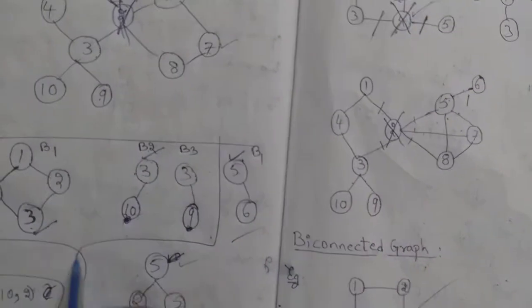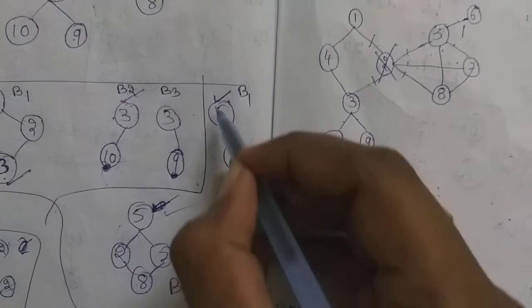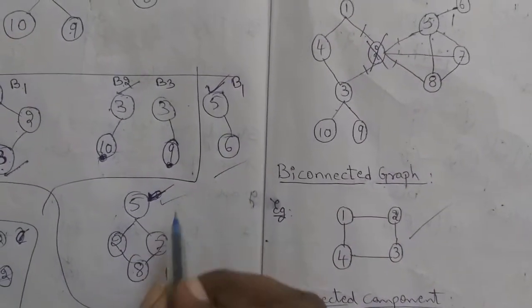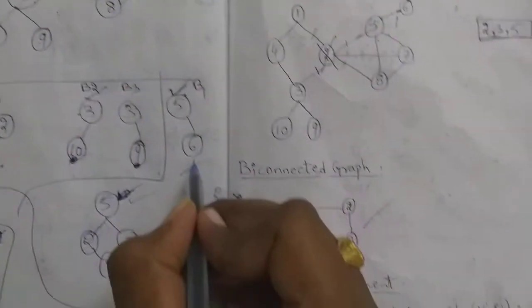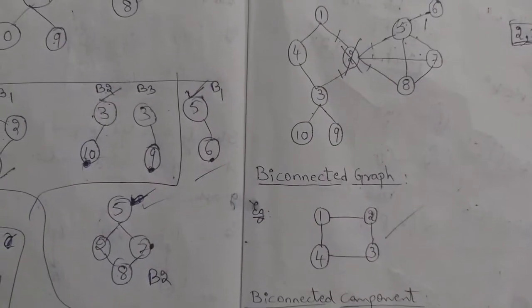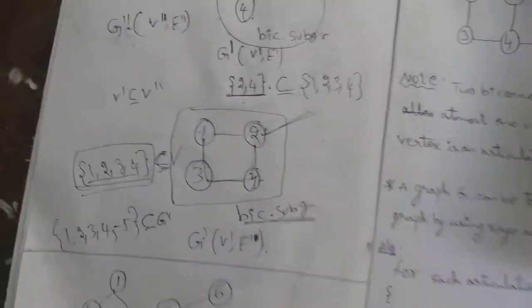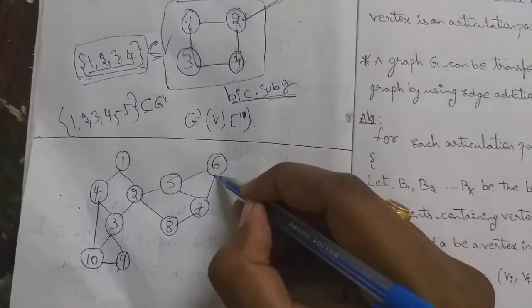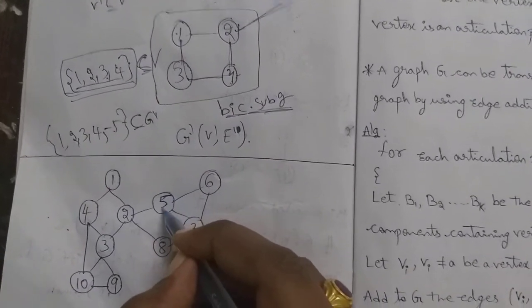We have only those 2 biconnected components containing the articulation point 5. We need to choose any vertex other than the articulation point 5. If I have chosen 7 here and 6 here, we should add an edge between these 2 vertices in the main graph, 7 to 6. If I add an edge from 7 to 6, then 5 is no longer an articulation point.